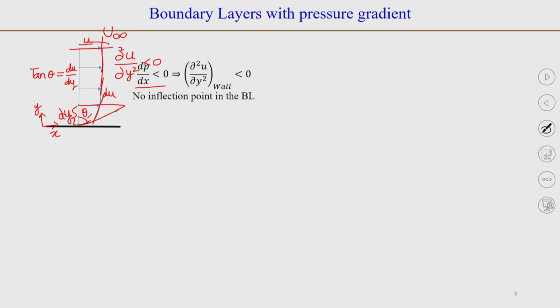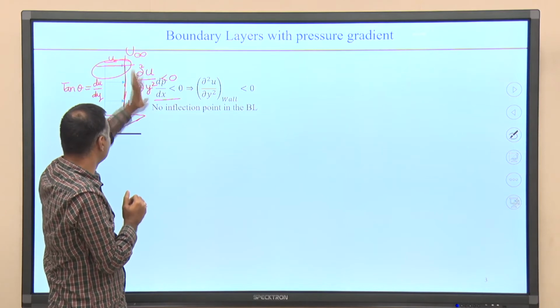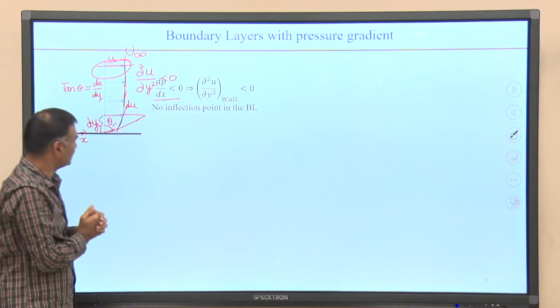Near the outer boundary layer interface, we will always have d²u/dy² less than 0, because the angle theta will be reaching close to 0 and the slope will be changing.